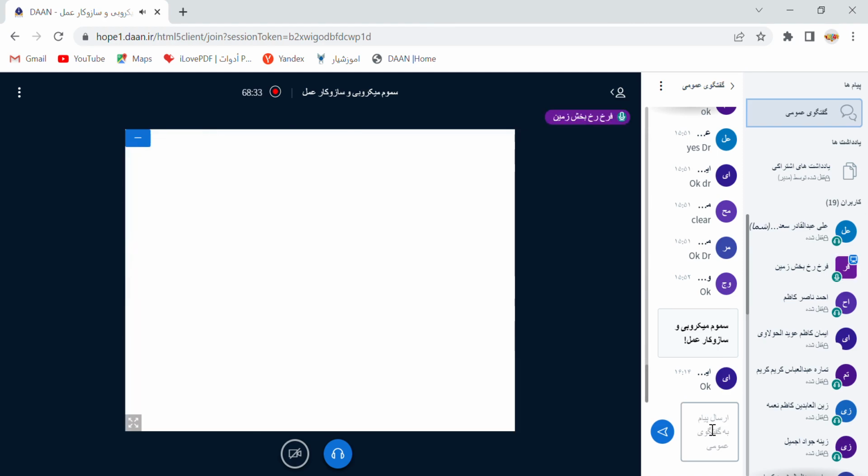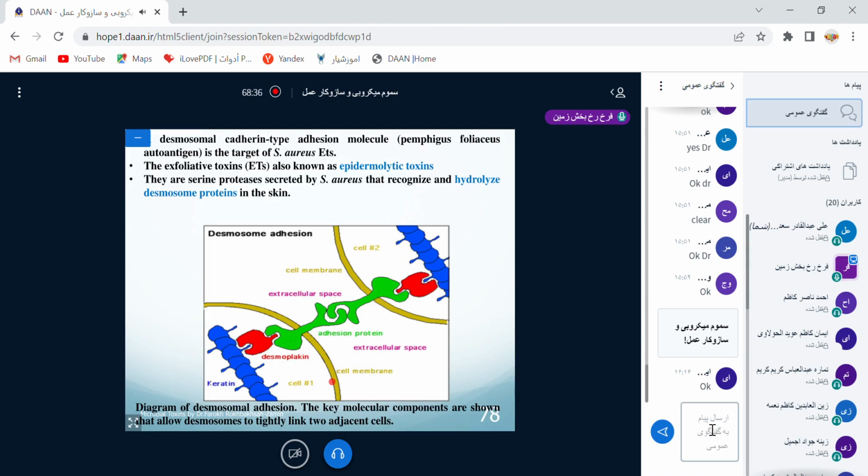What is the mechanism of action? As you see in this photo, these epidermal cells, the cell on the right and the cell on the left, are connected together. Some structures are inside the right cell, some structures are inside the left cell, and by these structures, these cells are connected.